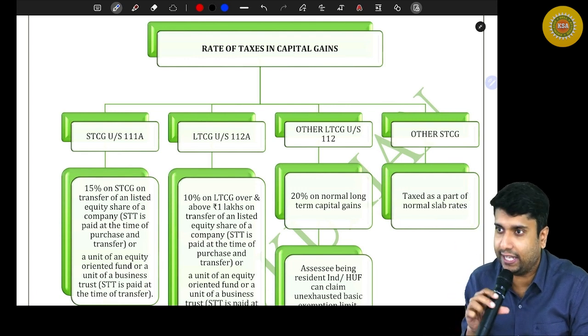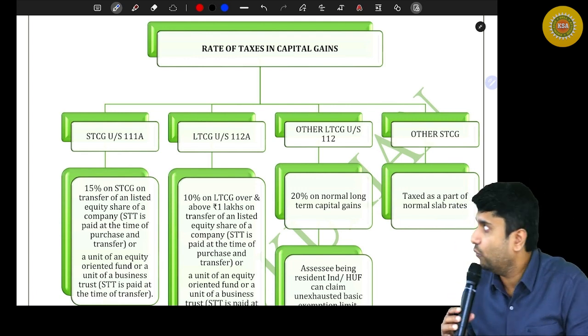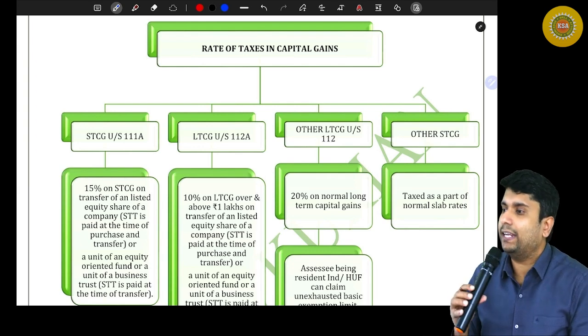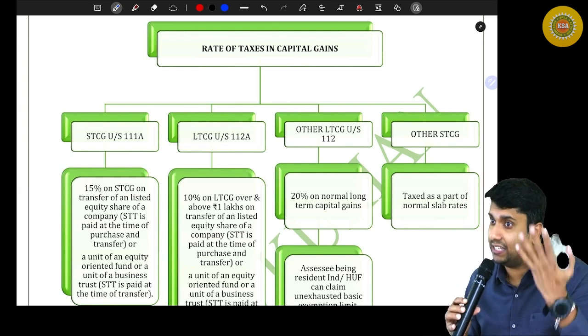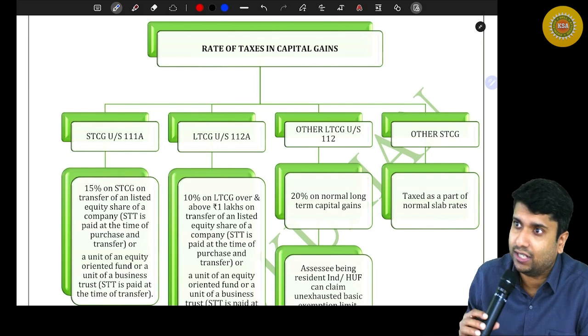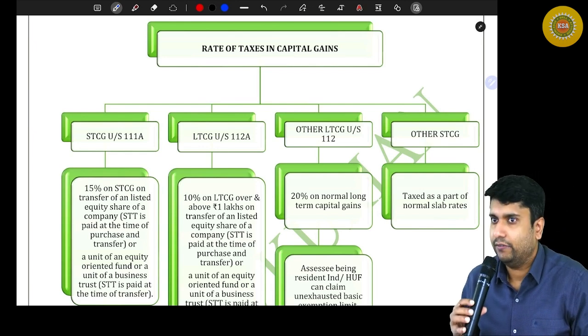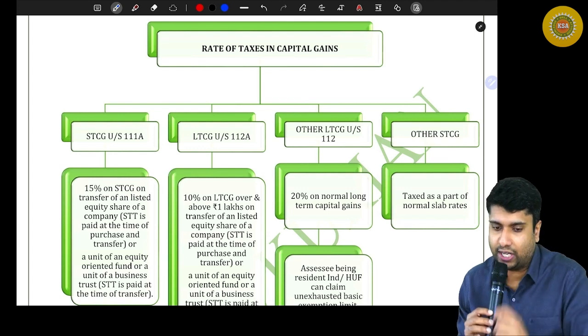This rate chart will help you in understanding the rates and the other conditions relating to the rate of taxes in capital gain. We can call this a rate chart in capital gain.